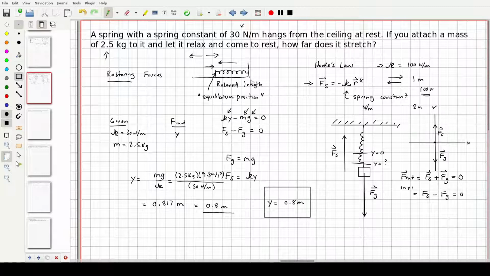Now, we'll come back to doing more spring problems later on, but this is yet another example of a common force. So far, from a common force standpoint, we have gravity, we have the normal force, we have tension, and we also now have springs.